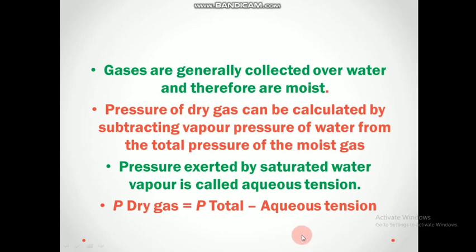And if we don't do this, we get errors in our calculations. So this is a contamination inside the gas. And removing the moisture content from the gas is a very difficult process, so we don't do that. We just subtract the aqueous tension from the P total to find the partial pressure of our real dry gas. So that's all.